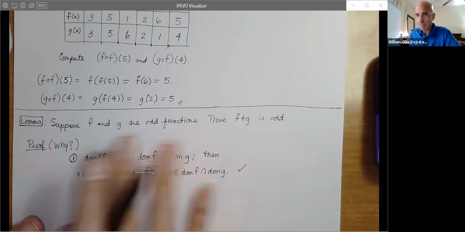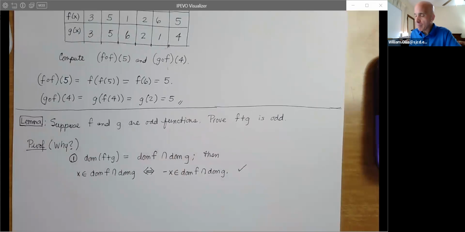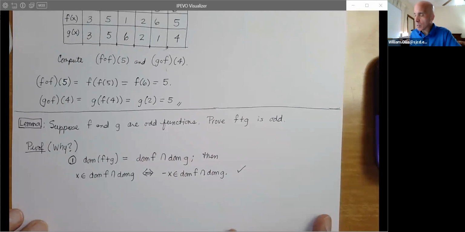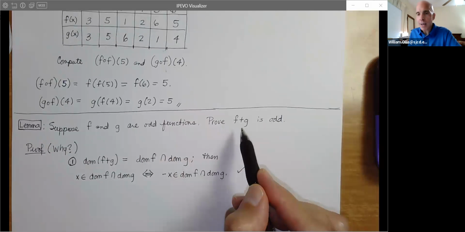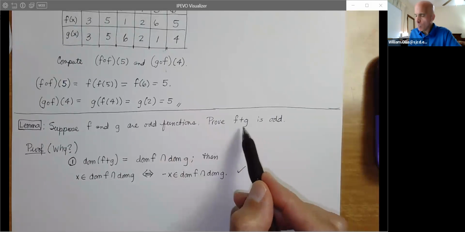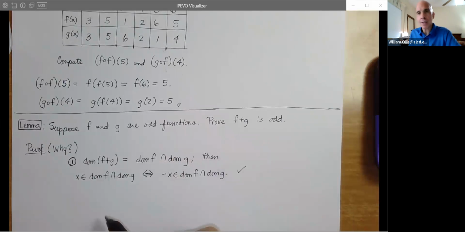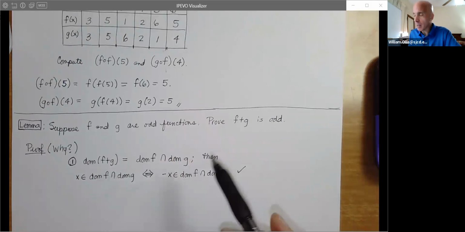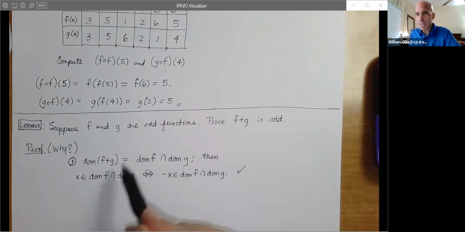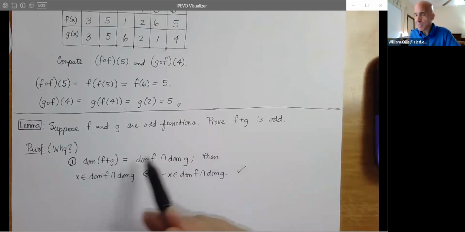That's like beating it to a pulp. But the idea here is oftentimes when we think about showing that a function is odd, we kind of forget the first part. And really, when you're doing a problem, this is the first thing you have to check, because if this is not true, then you don't need to go on to step 2.